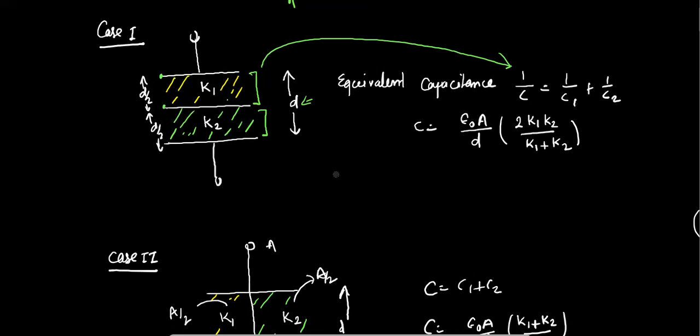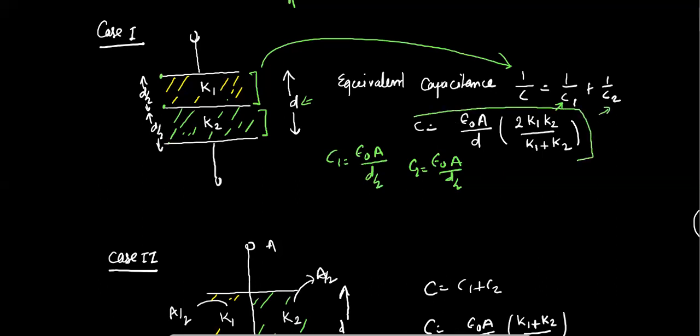That's why in the place of C1, we can write epsilon naught A by D by 2, and for C2 in the same way we can write epsilon naught A by D by 2. Okay, on using these two values here, we can get this kind of expression, which is the direct relation for the capacitor which has two kinds of dielectric substances inserted between two plates of it in series combination.